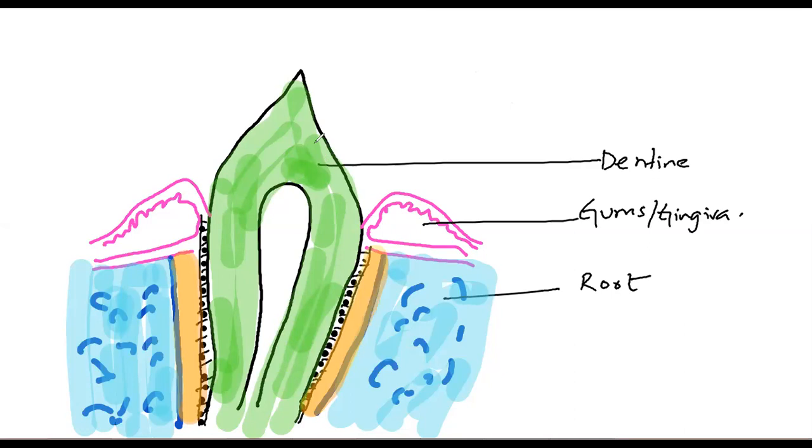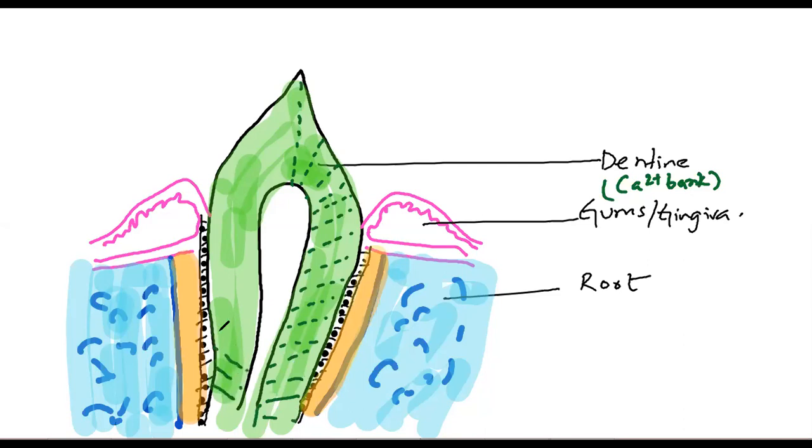Okay. Now, this dentine is actually a calcium bank. So in order to provide calcium, there are so many small drains. Okay. So these drains are called canaliculi. You'll find so many drains.